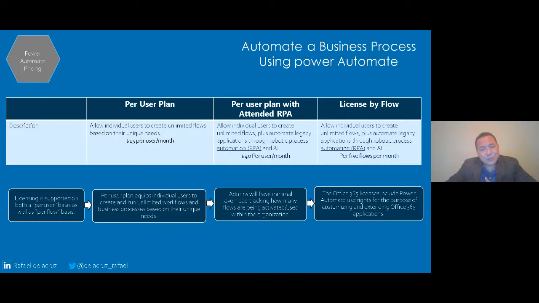I don't have access to Power BI because I need to change my E4 plan to E5 and pay $15 more, and then I will have access to Power BI. The per user plan with Attended RPA is $40 per user per month, and the license by flow is per 5 flows per month.